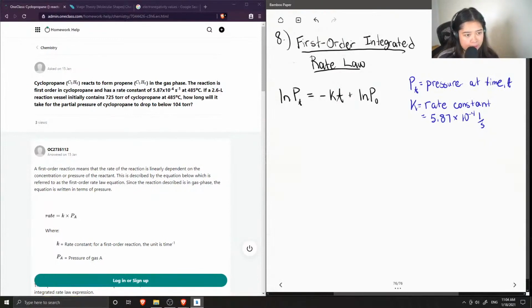And next we have P naught, which is just the initial pressure, before the reaction takes place.